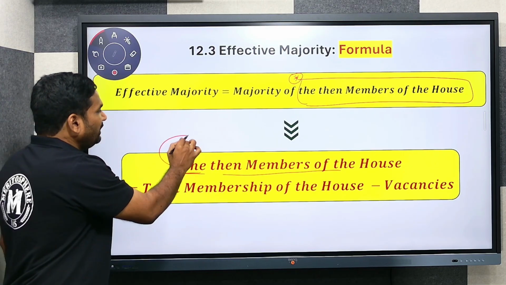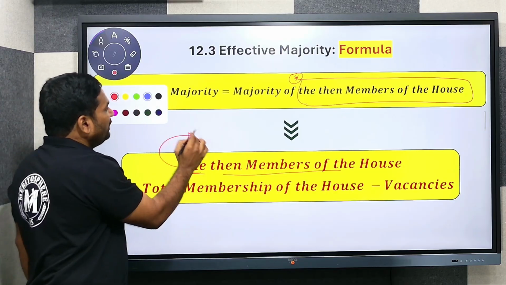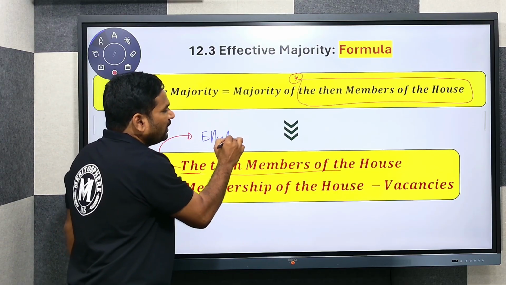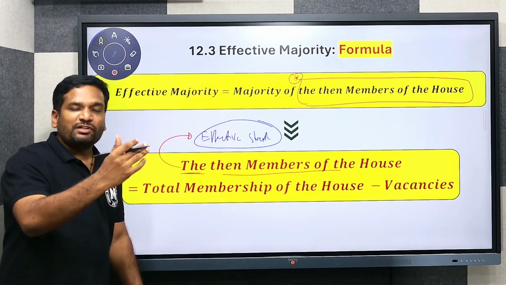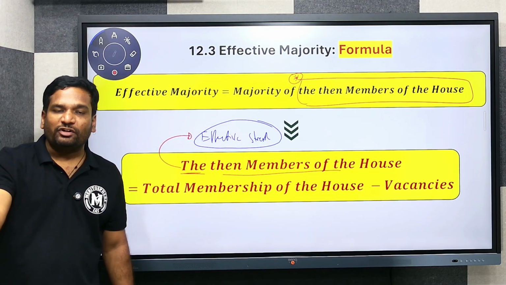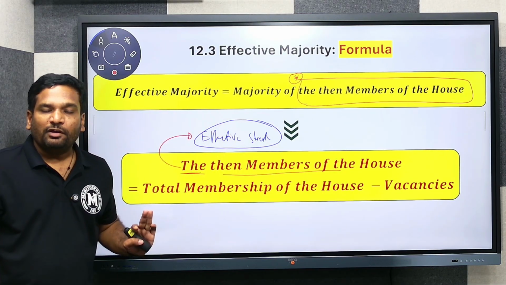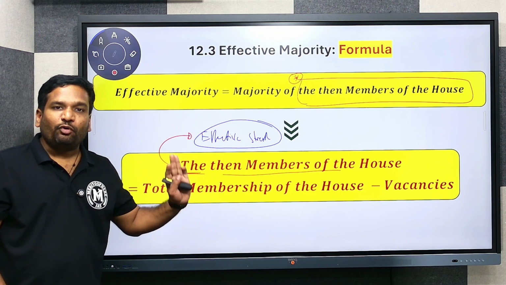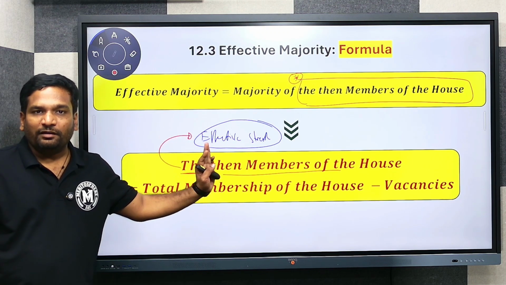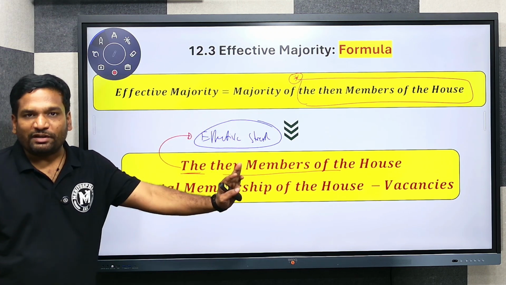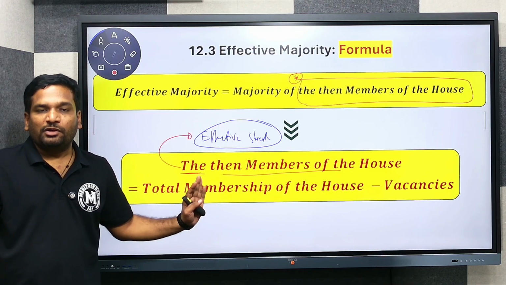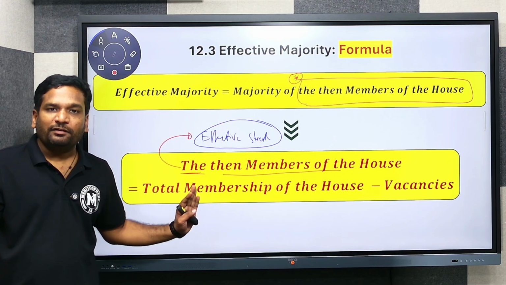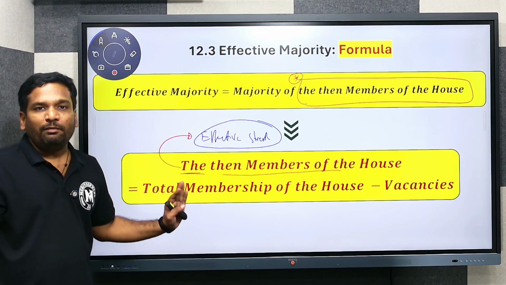In other words, the then members of the house is nothing but effective strength. When we deduct vacancies from the total membership of the house, we get effective strength, and in the constitution it was mentioned as the then members of the house.